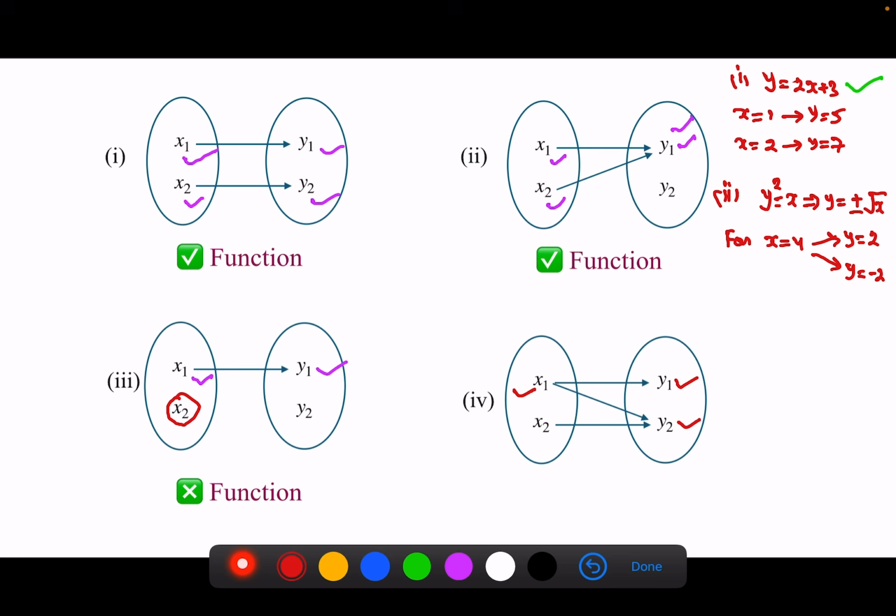So here, for x equal to 4, we are getting two values of y, 2 and minus 2. So again, I can say that uniqueness fails, meaning it is not a function.